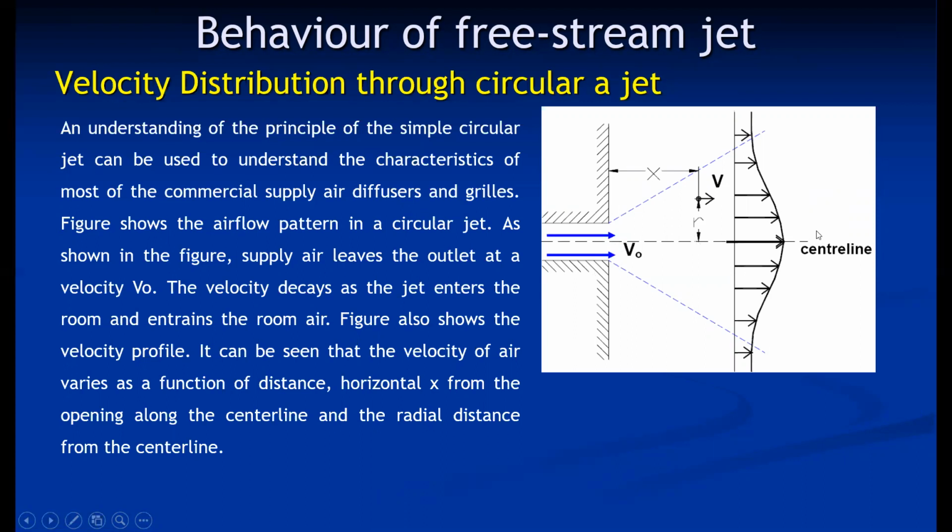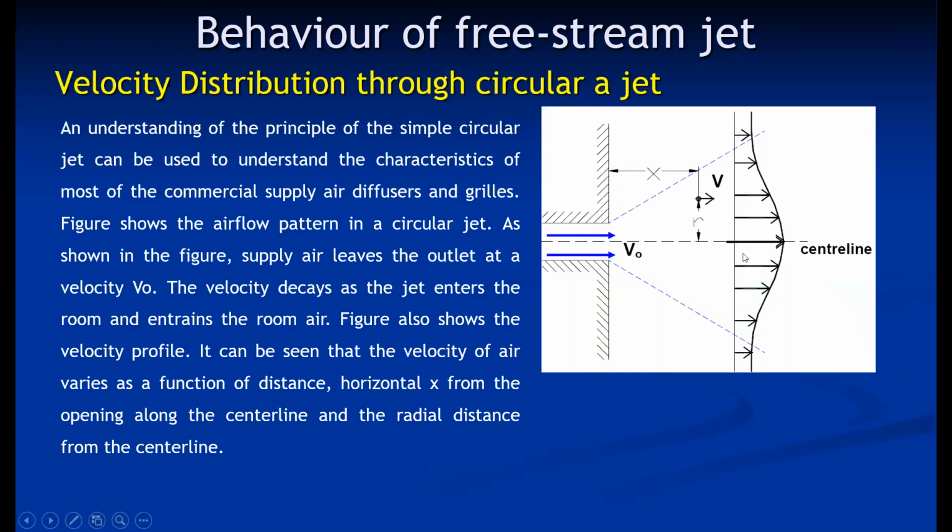The figure also shows the velocity profile at a distance x. It can be seen that the velocity of air varies as a function of the horizontal distance x from the opening along the center line, and the radial distance from the center line.